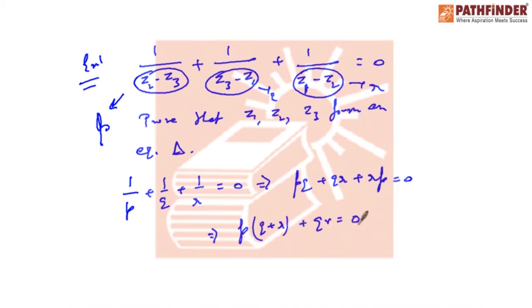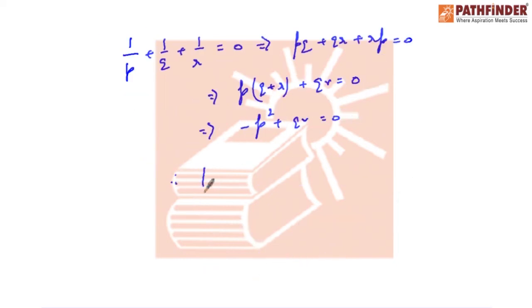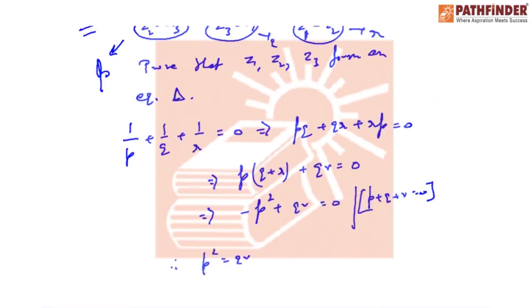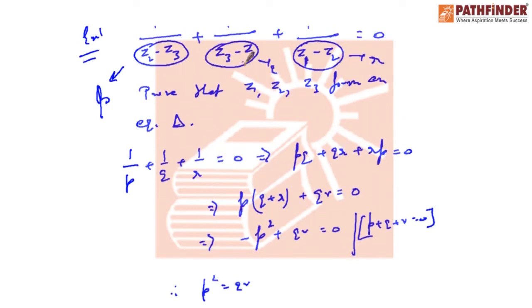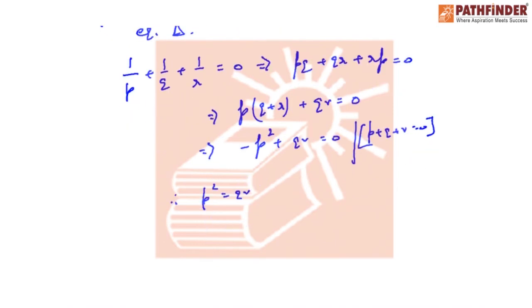But observe that P plus Q plus R is 0, which means in place of Q plus R we can put minus P. That gives us minus P squared plus QR equal to 0, which means that P square must be equal to QR. Now, why was P plus Q plus R equal to 0? Because P was z2 minus z3, Q was z3 minus z1, R was z1 minus z2. Add all of them and you get 0, which means Q plus R must be equal to minus P.